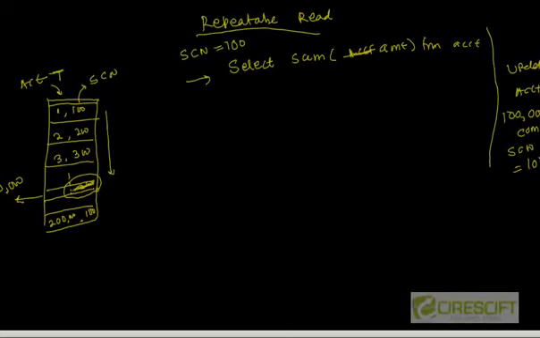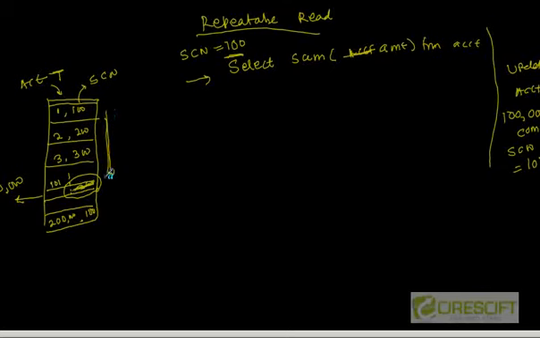And then what are we going to do? The commit is going to update the block that is updated, in this case 100,000, with the value 101 in its header. Now, this query keeps reading the blocks which have SCN 100, because this query started when the system change number was 100.